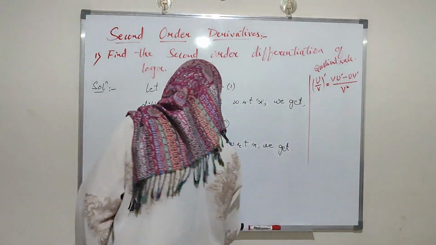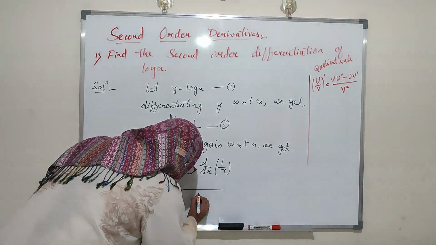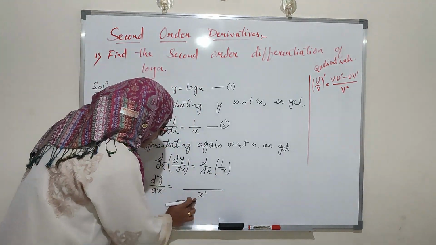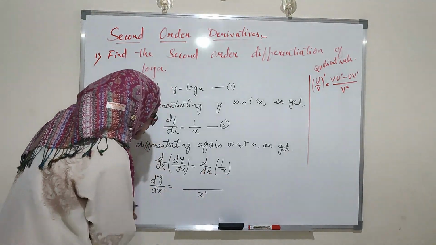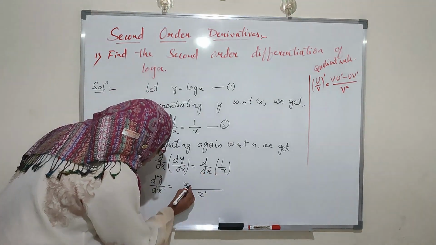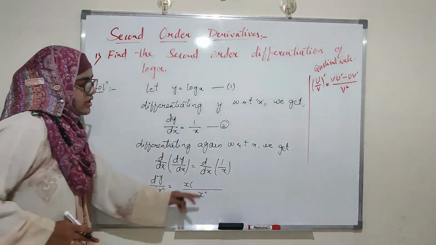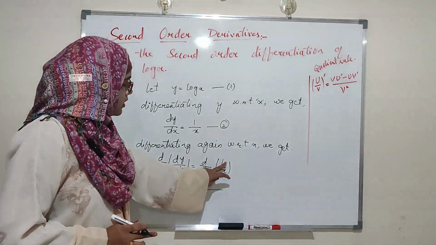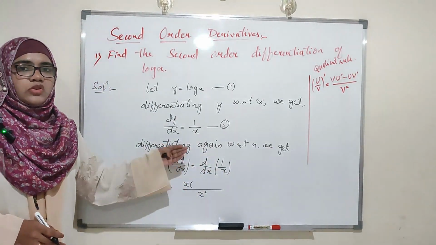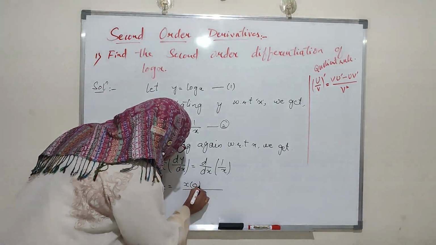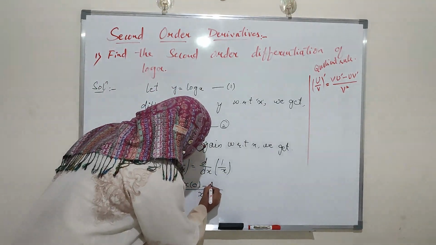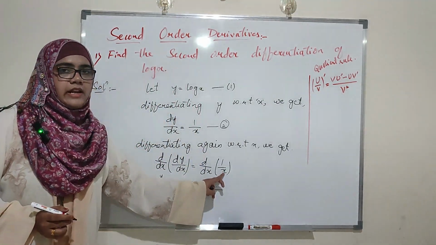Then x square, square of the denominator term. So first keep first term as it is, second term as it is. Second term is here x, and do differentiation of first. Differentiation of first term is differentiation of 1. 1 is constant here, so differentiation of 1 is 0. Minus, keep 1 as it is, into differentiation of the second term.